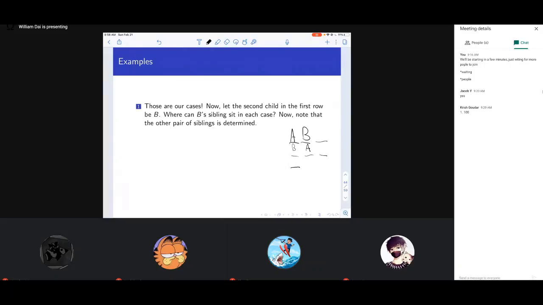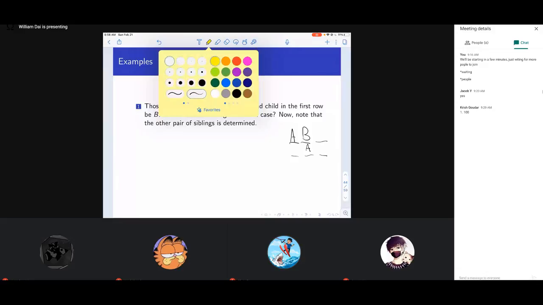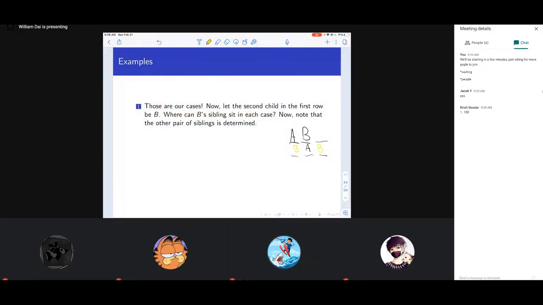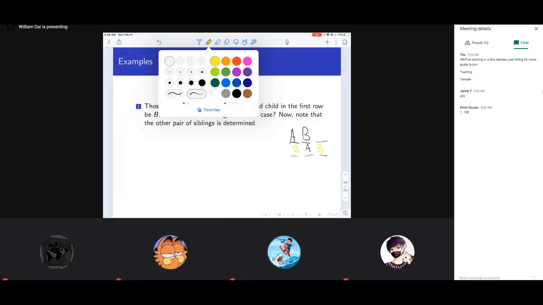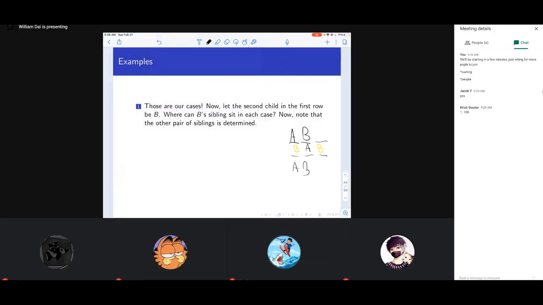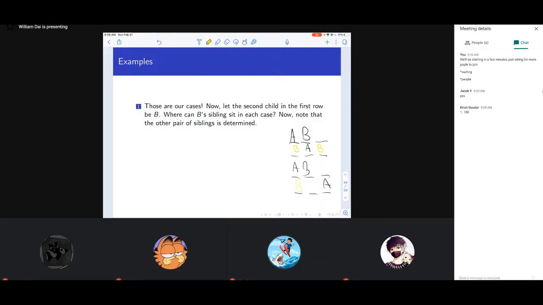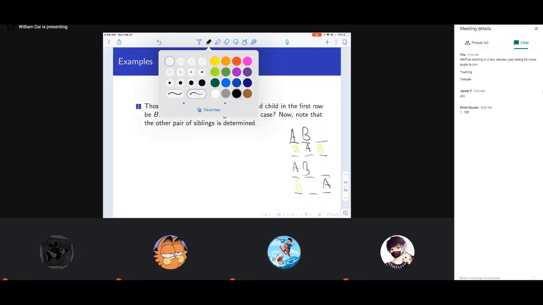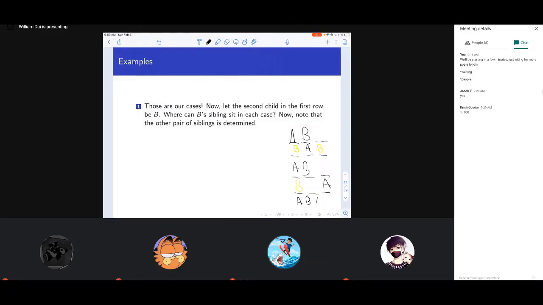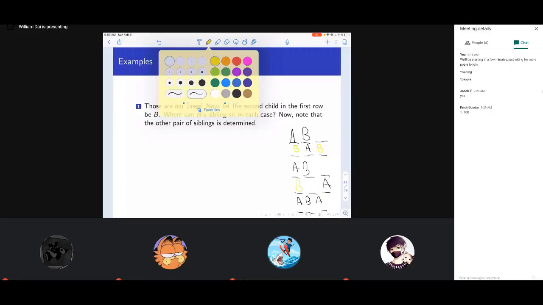In this case, B's sibling can sit here or here. Actually, I should use a different color here. Wait, no, sorry. So B's sibling can sit here in this case. And in the last case, B's sibling can sit here or here.